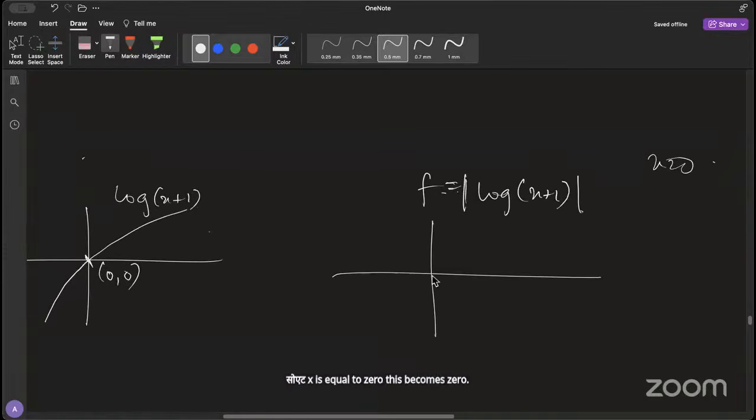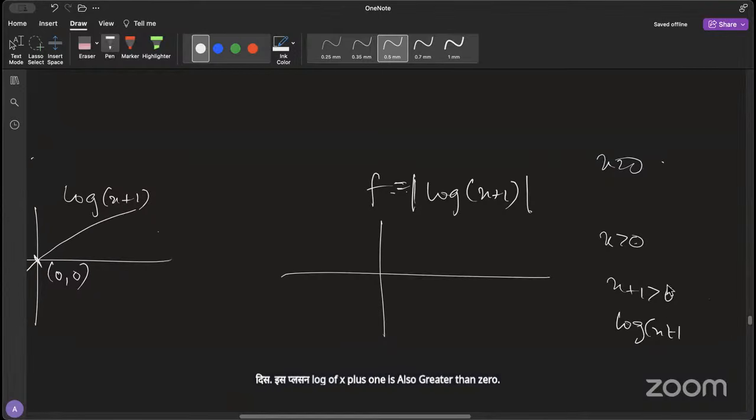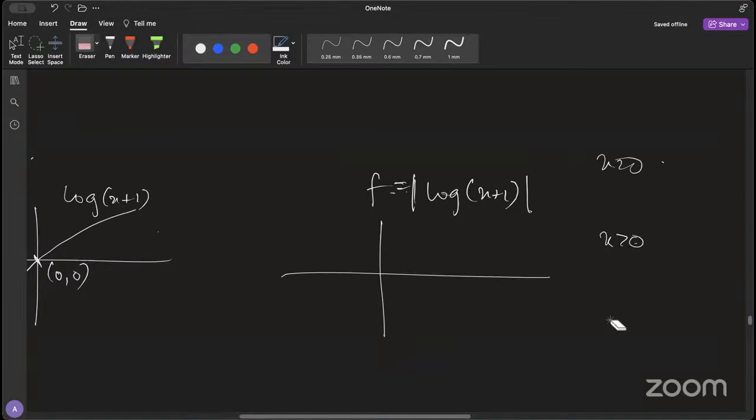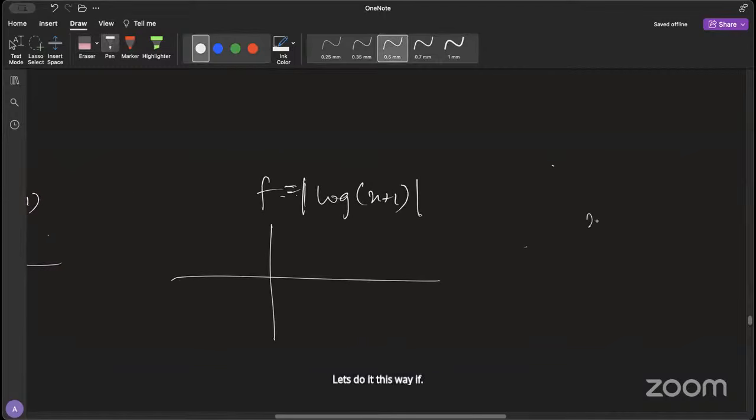That means for x greater than 0, x plus 1 is also greater than 1, and log of x plus 1 is also greater than 0. Let's do it this way: here you have x plus 1, which is greater than 1, right?